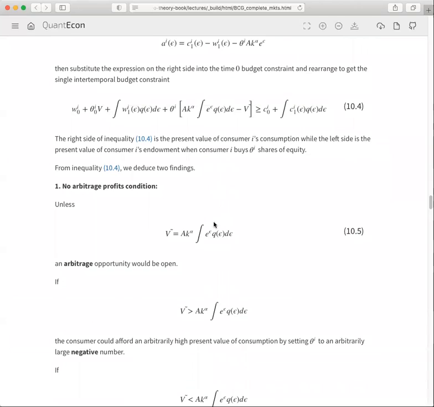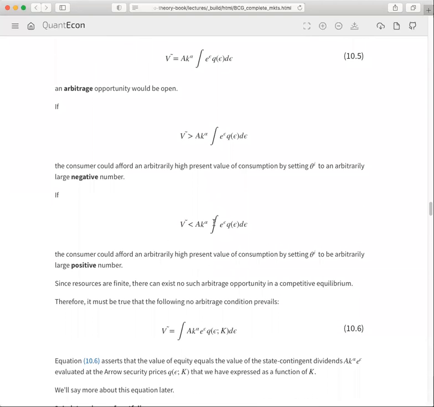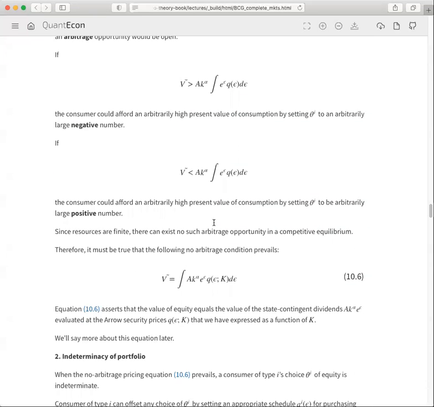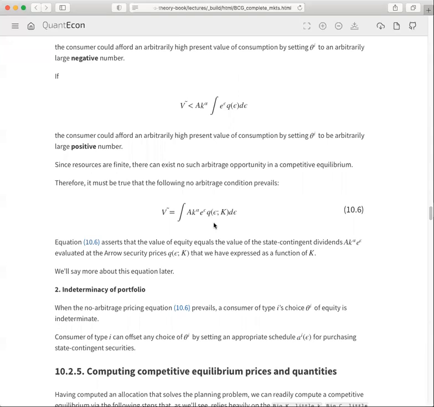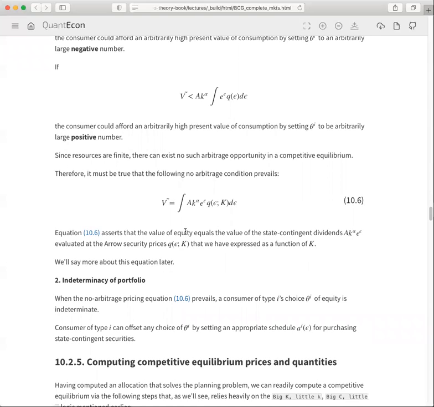And then we get something else: there's an indeterminacy of the portfolio.